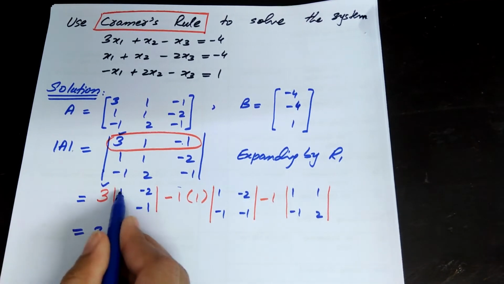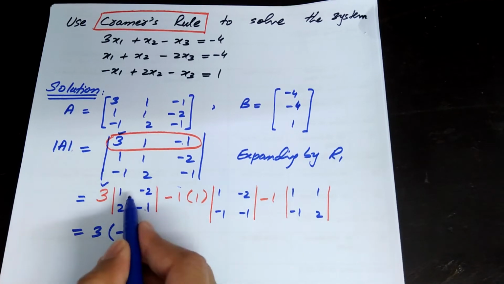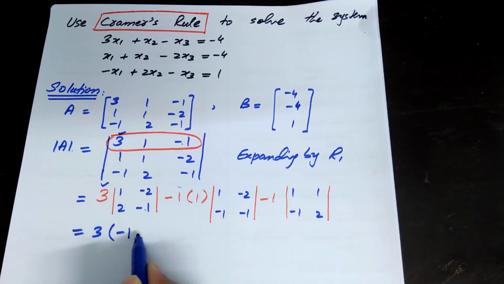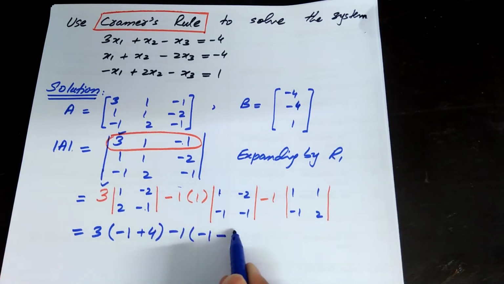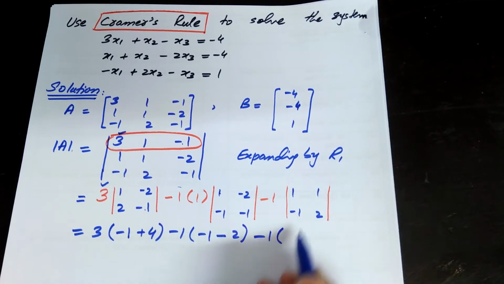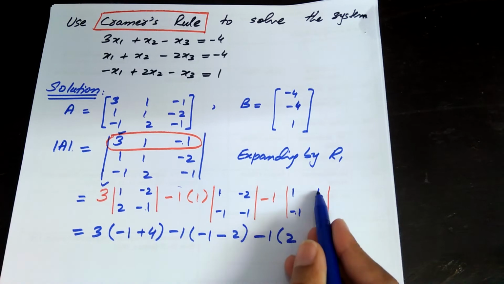This will be 1 times minus 1, minus times 2 times minus 2. That will be plus 4. Then minus 1, 1 times minus 1, minus minus 1 times minus 2, that is 2. Minus 1, 1 times 2, minus minus 1 into 1.